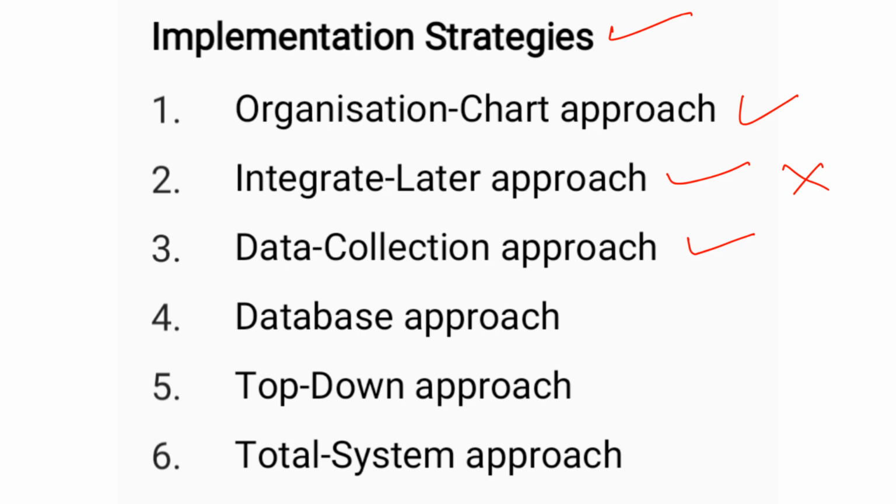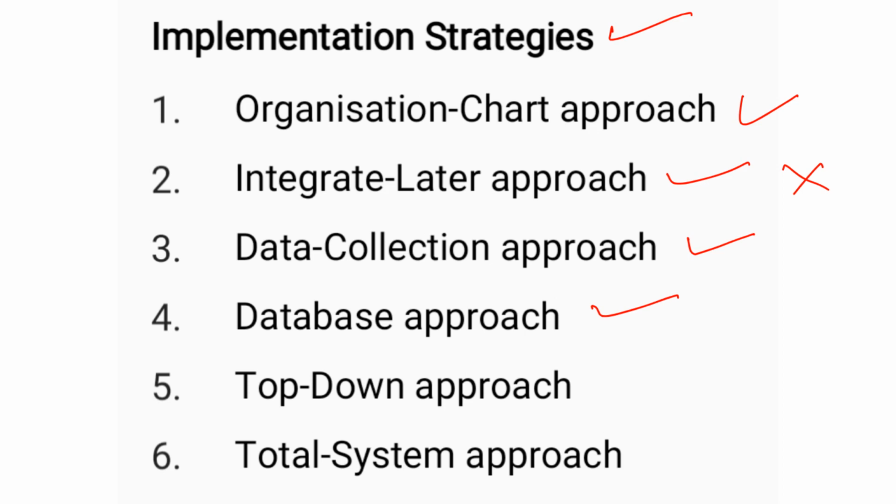Then the third strategy is the data collection approach. This approach involves collection of all data which might be relevant to system design. The collected data is then classified, and the classification influences the way the data can be useful at later stages. This is the data collection approach. Then the database approach. A large and detailed database is prepared, stored, and maintained.